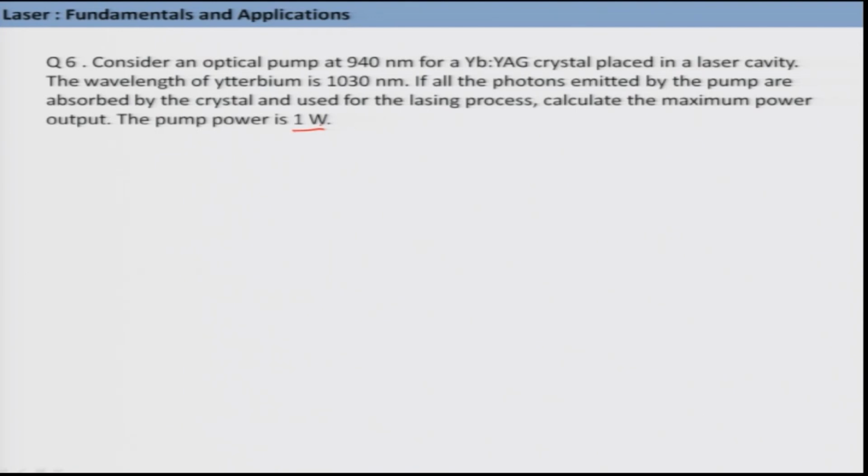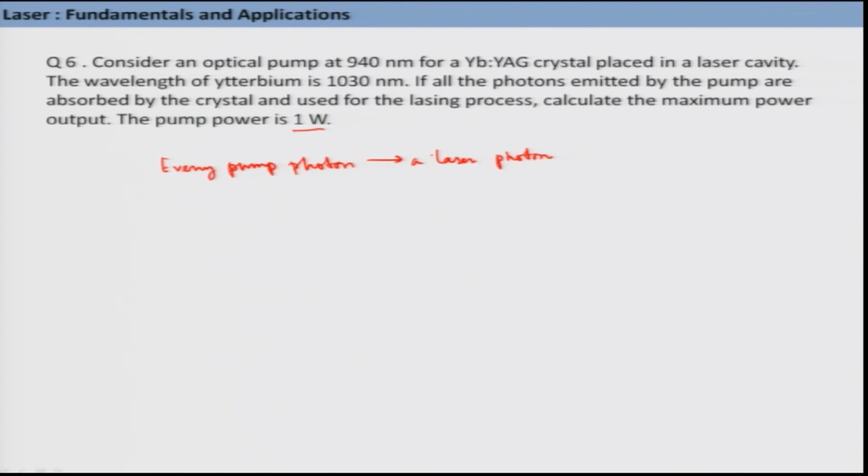Okay, so essentially what we say is every pump photon will lead to a laser photon. That is the best that we can have. We cannot have more than that.